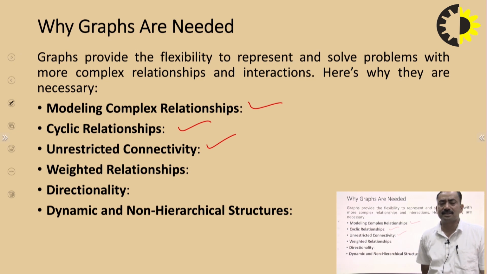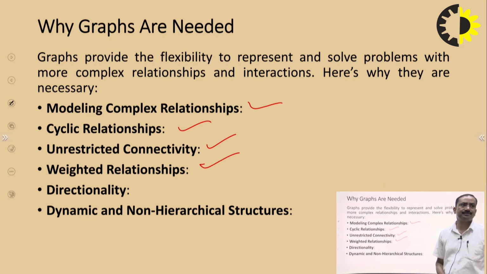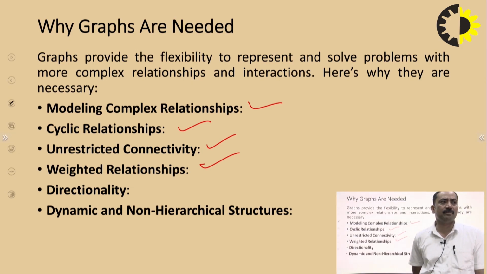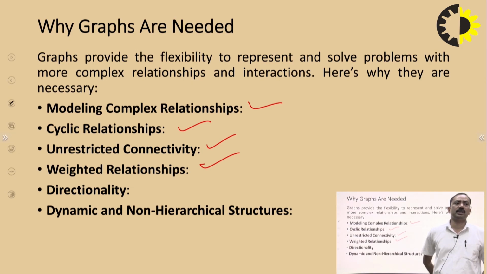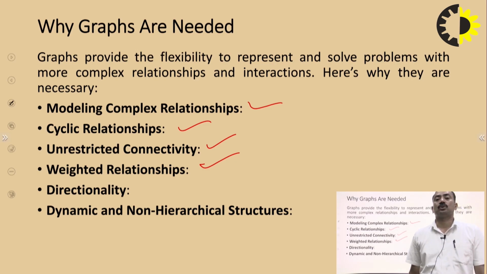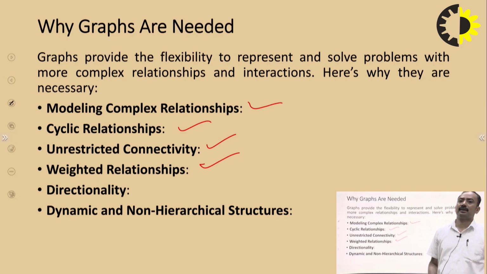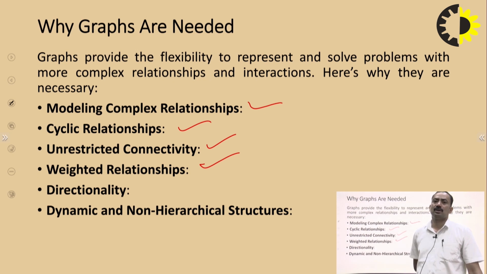Weighted relationships: graph edges can have weights to represent cost, distance or time. Like we can solve shortest path problems, like finding the shortest route on a map. We use this in our daily life, finding the shortest path, or using Google Maps to get a path from a source to a destination.